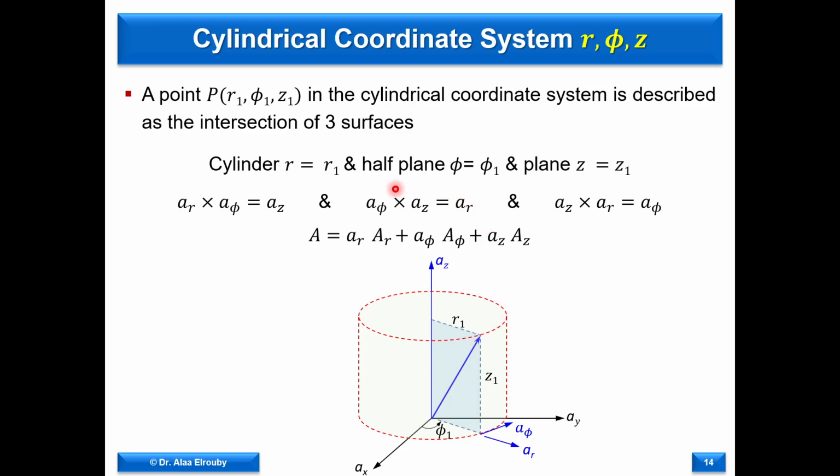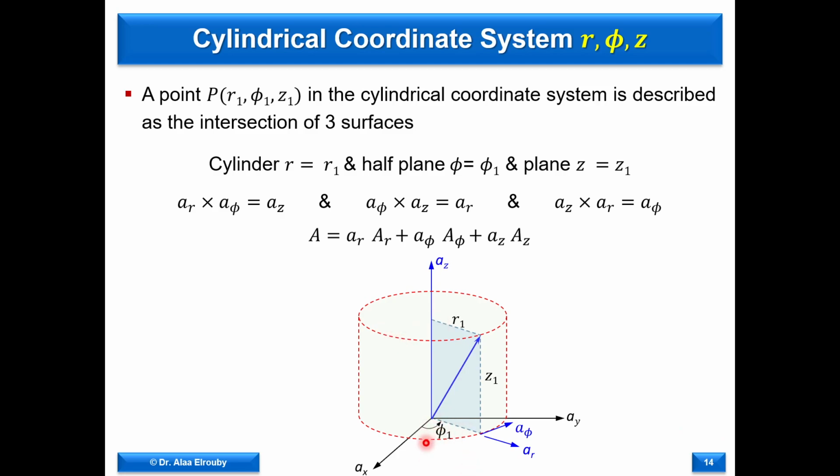The intersection between surface phi equals phi 1 and z equals z1 is the intersection between this half plane and this plane. It would be this vector, going from 0 and extending to infinity in the direction of phi equals phi 1.